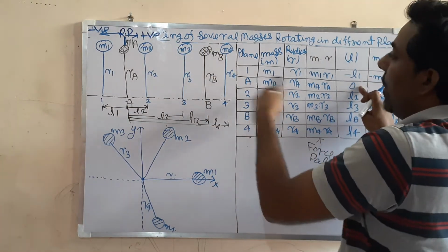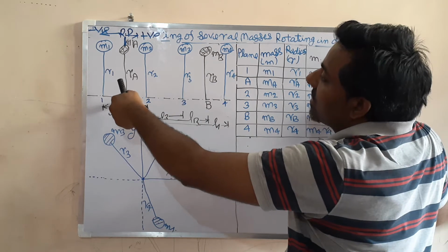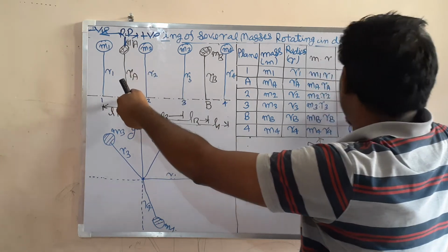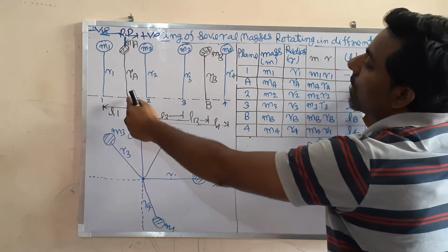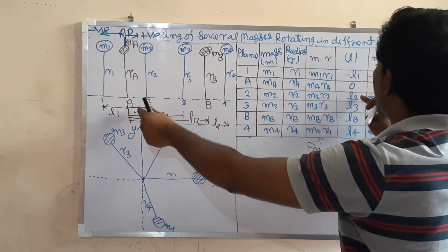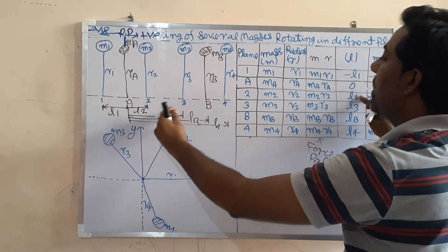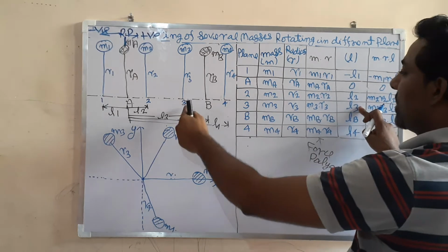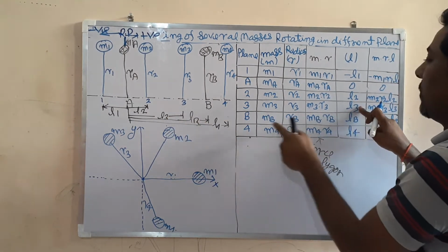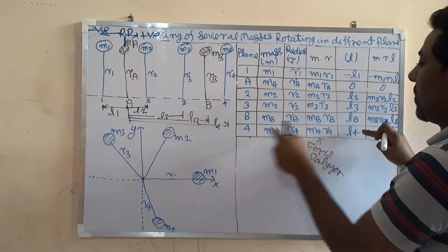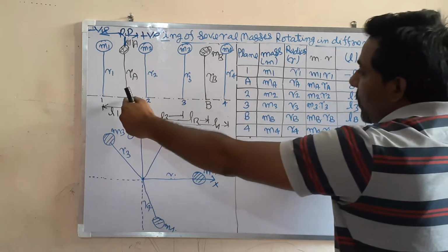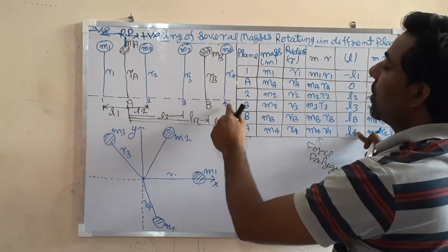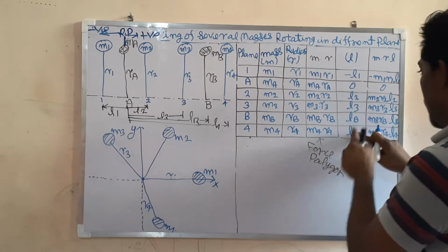Now A is itself at the reference plane, so the distance will be 0. From the reference plane to 2 it is plus L2, because it is on the right-hand side. Similarly, up to plane 3 this distance is L3, for B it is LB, and for 4 it is L4.